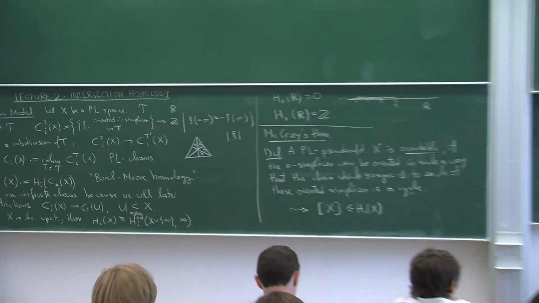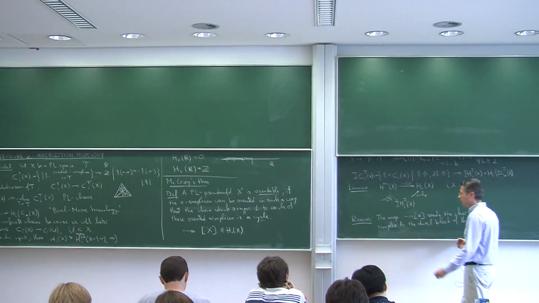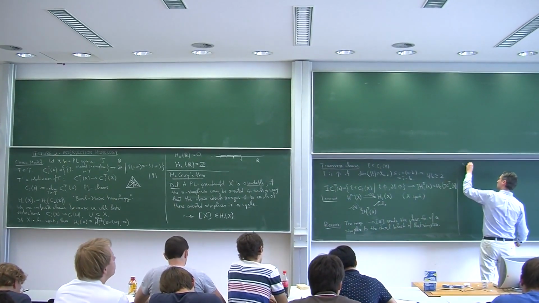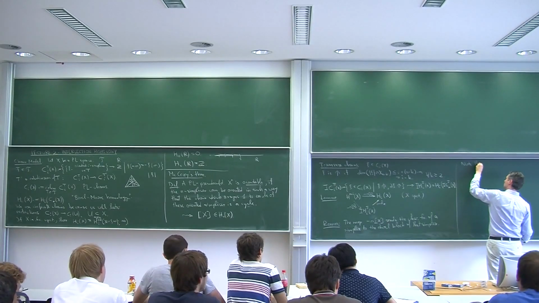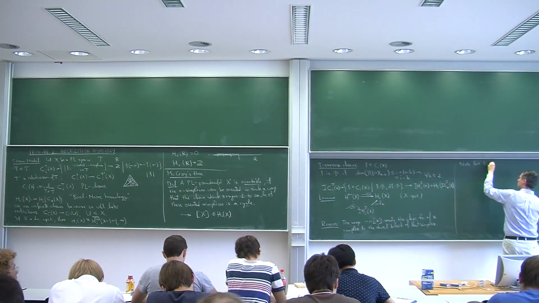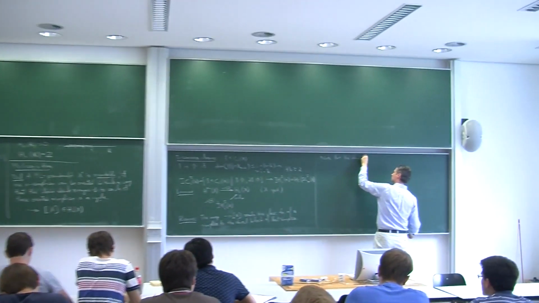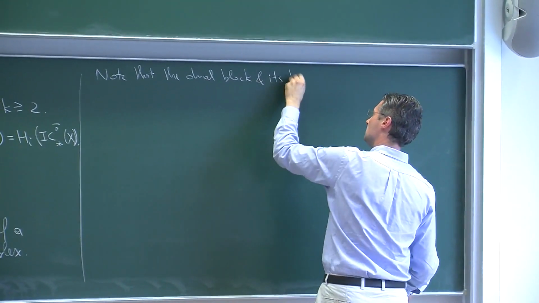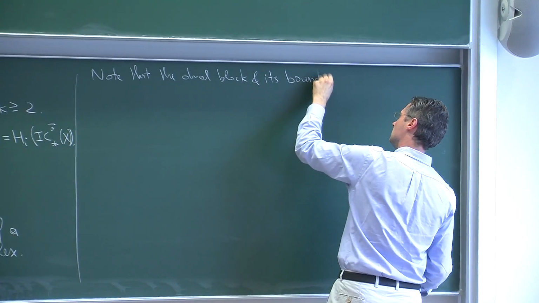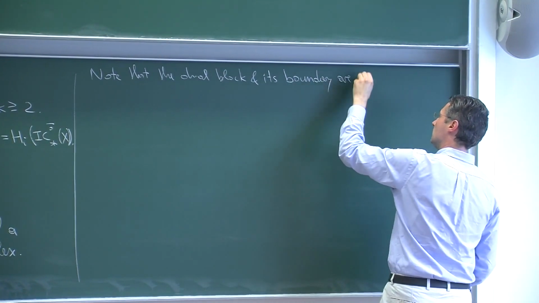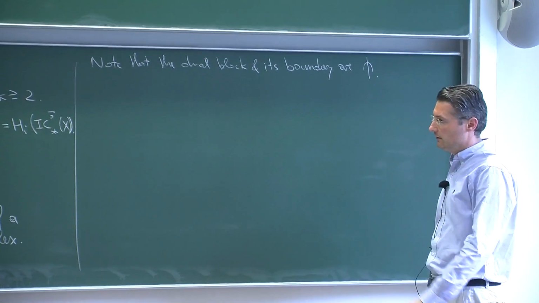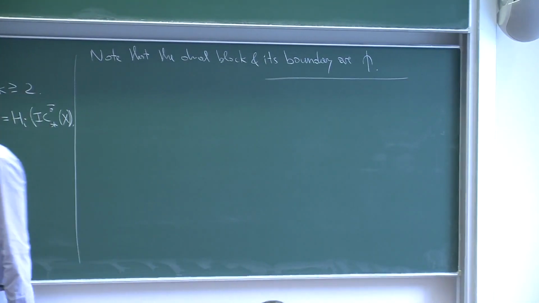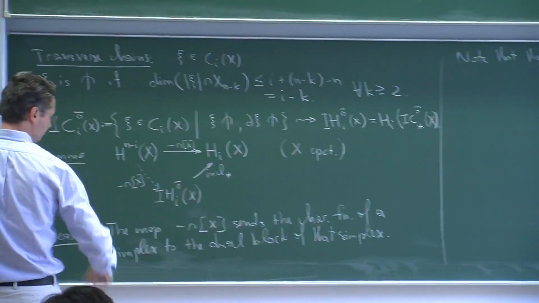The dual block of that simplex, and now we just note that the dual block and its boundary are transverse. And that's the proof. So actually, this lands in here.